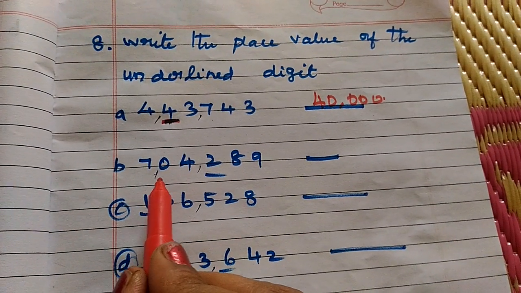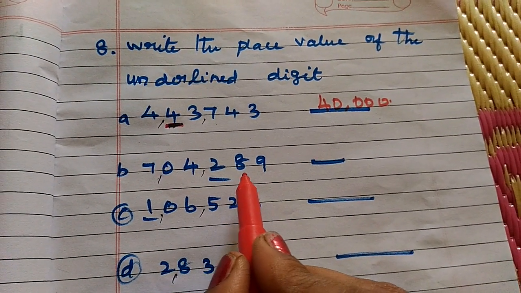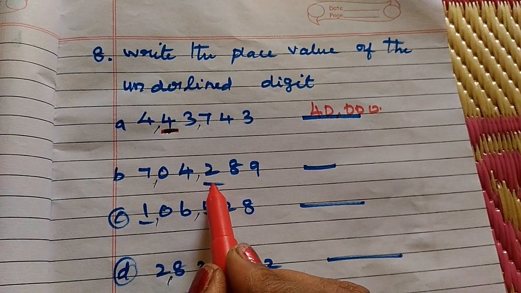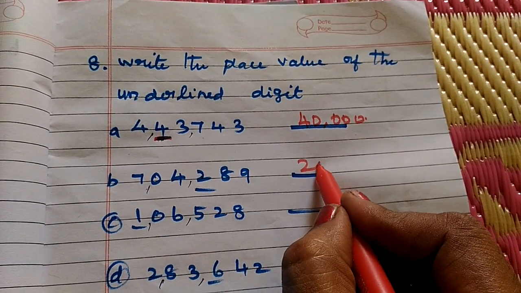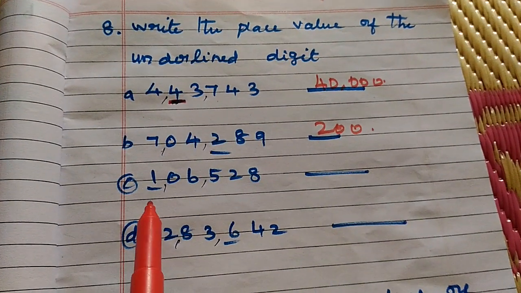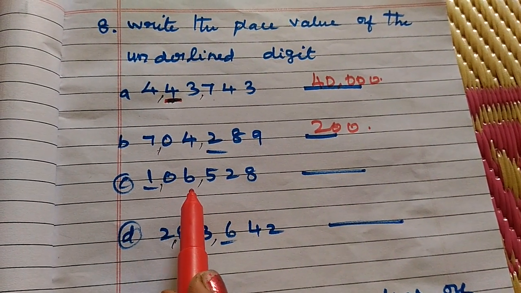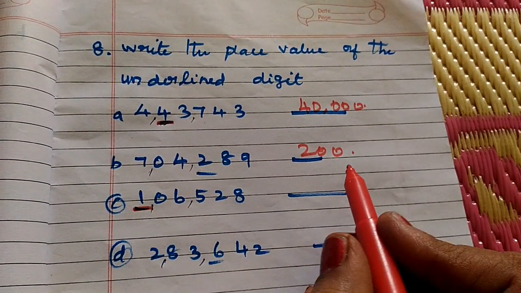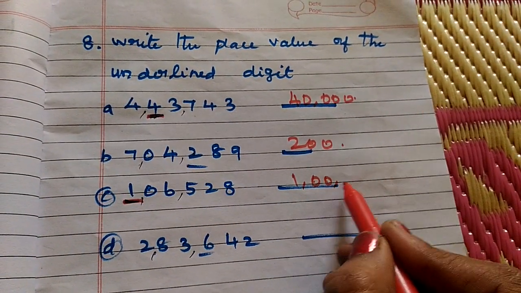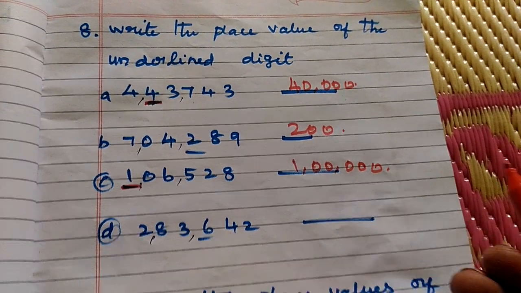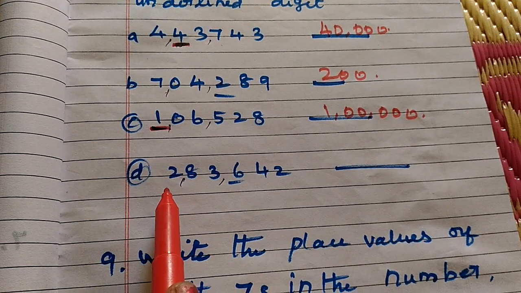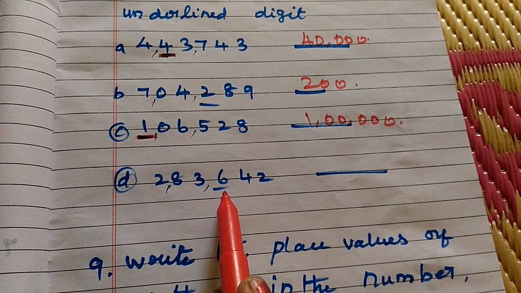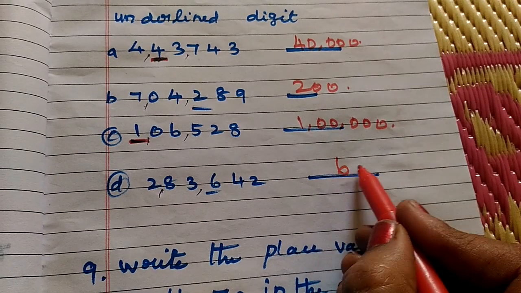Next, 7,04,289. 200. 2 is in the 100 place. 200. Next, 1,06,528. 1 is the lakhs place. 1 lakh. Next, 2,83,642. 6 is in the 100 place. 600.